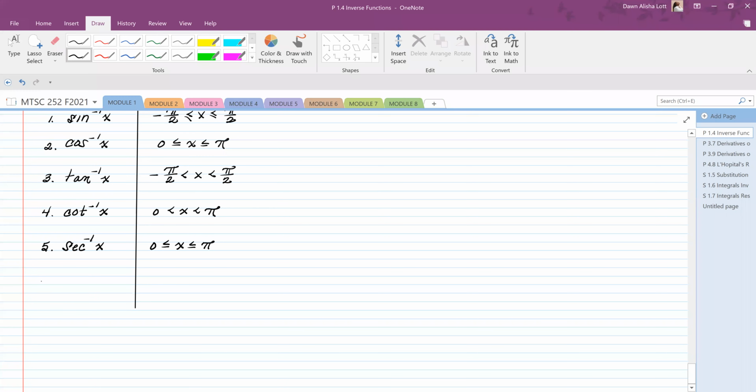And then the cosecant inverse of x is minus pi over 2 less than or equal to x less than or equal to pi over 2. Okay, so you may have done this before, but it's not very difficult.